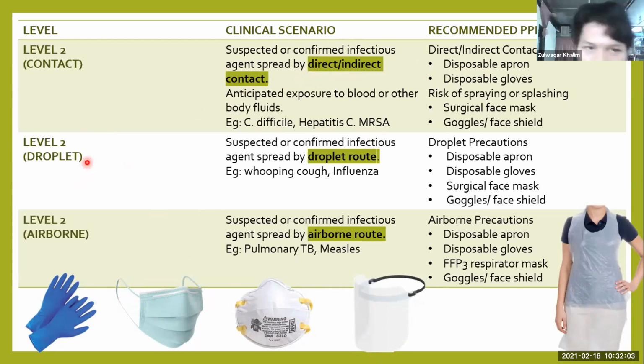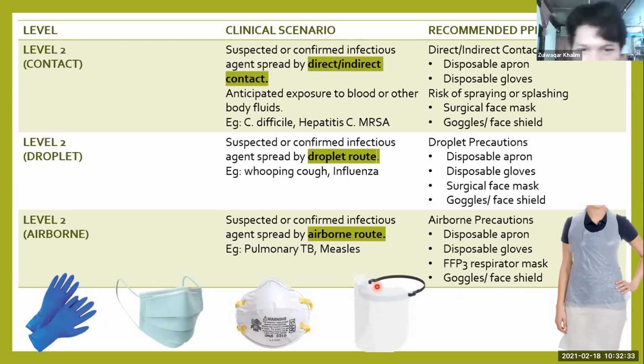For level 2 droplet, suspected or confirmed infectious agents spread by droplet routes such as whooping cough, influenza, we should apply apron, gloves, face mask, and face shield. For airborne, suspected or confirmed infectious agents spread by the airborne route, we should apply apron, gloves, and N95 respirator mask or face shield.